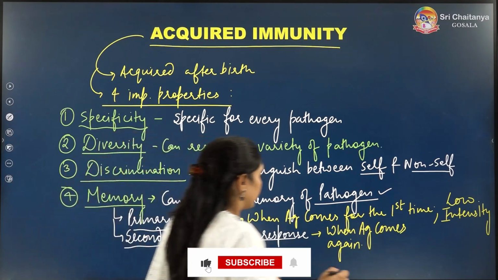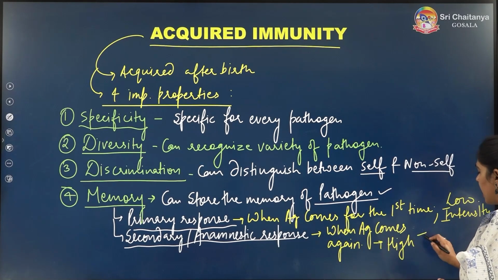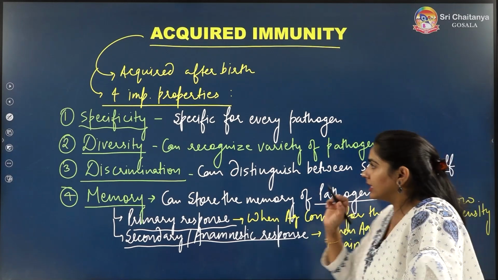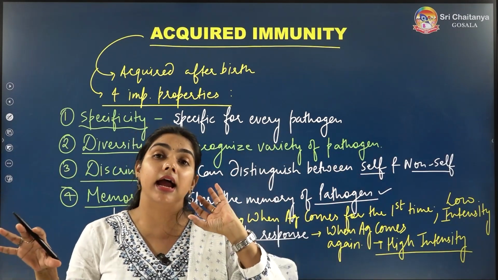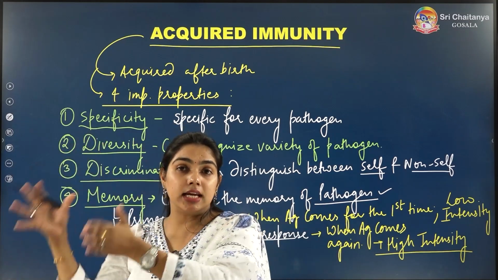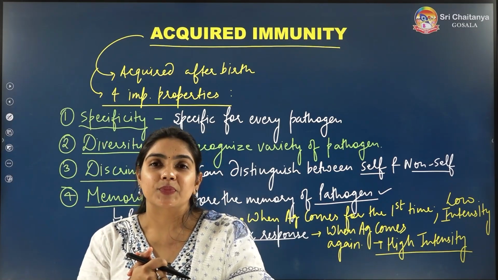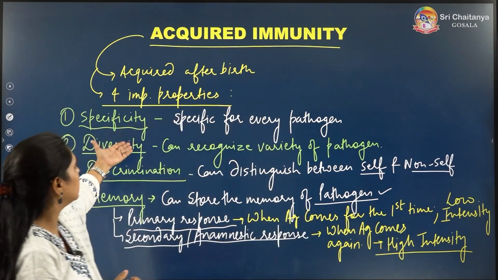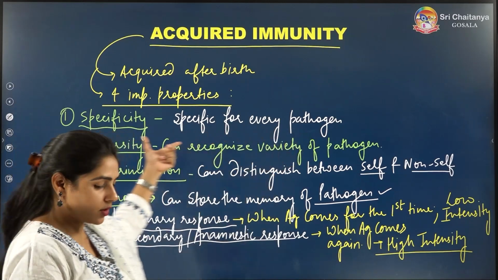So now it will be very quick and of high intensity. So I think now you have understood the differences between innate immunity and acquired immunity. Innate immunity is specific or non-specific? It is non-specific, whereas acquired immunity is highly specific. Okay, so these were the two types of immunity.